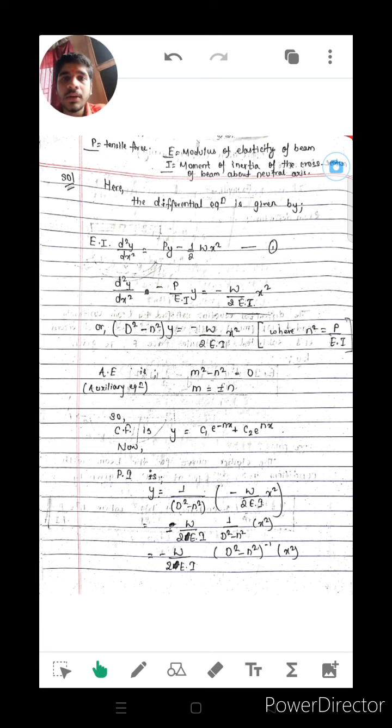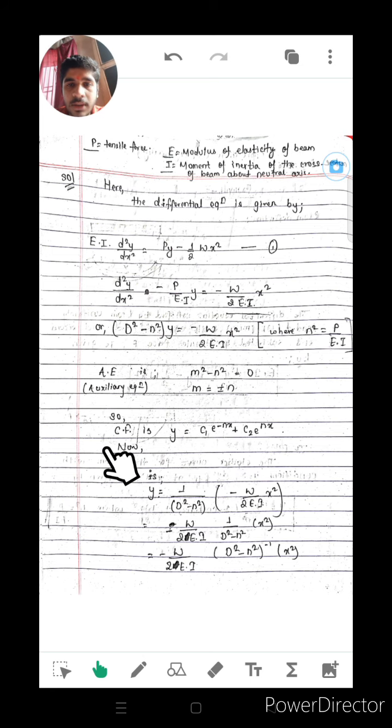Now dividing every side by E into I, we get this equation: D square minus n square y equals minus w by 2 E I x square, where n square equals P by E I. Now solving further, the auxiliary equation is m square minus n square equals 0, putting D as m, so m equals plus minus n.